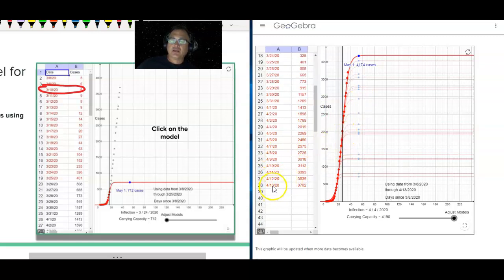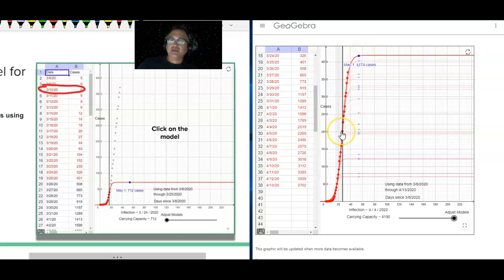Based on this data, we can calculate an inflection point not out to the 14th or the 13th, but back to the 4th, because you need so many data points before it and after it to be able to make this prediction. But we can predict out from that point of inflection on the 4th out to May 1st.